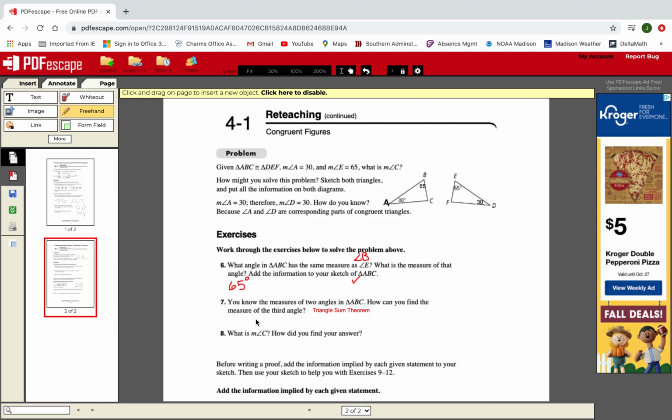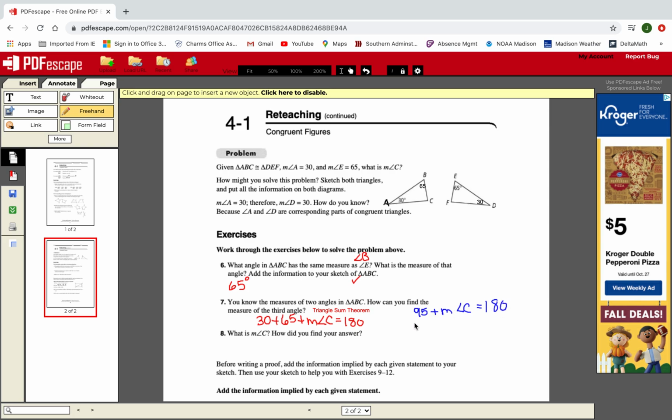So to find angle C, we can say 30 plus 65 plus the measure of angle C equals, and what's the sum of the three angles of any triangle? Yes, that is 180. So when we simplify that, then 30 plus 65 is, of course, 95 plus the measure of angle C equals 180.